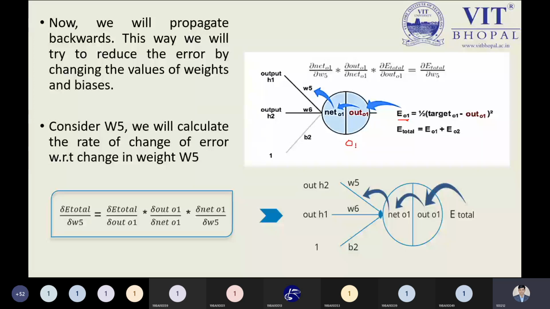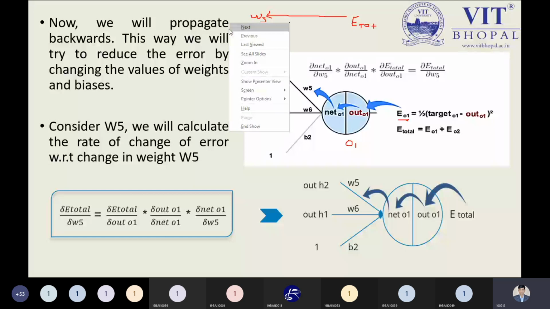If you're making a chain, then you must follow the chain properly. When you're moving from E total back to W5, I can write it over here. Just note down the diagram I'm drawing, which will help you understand the concept.